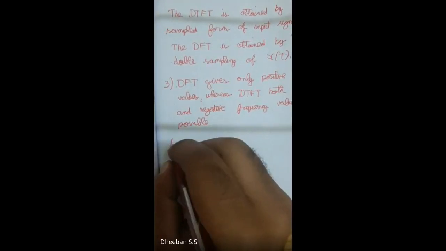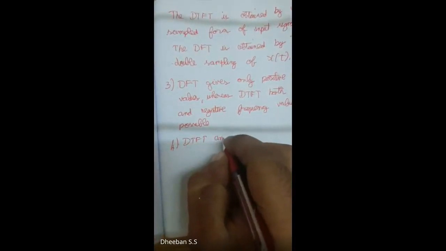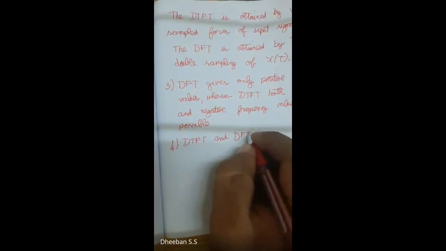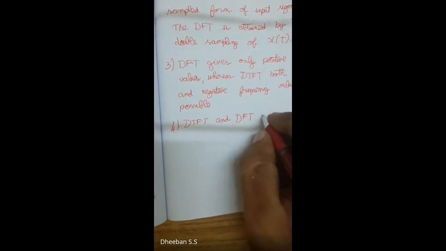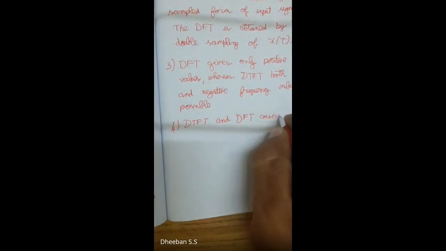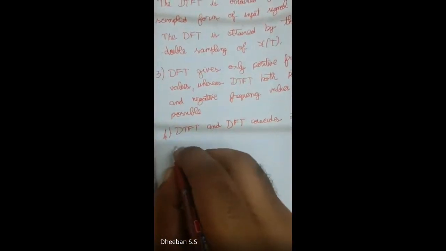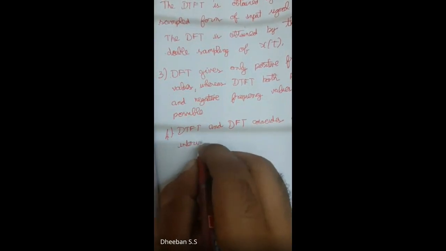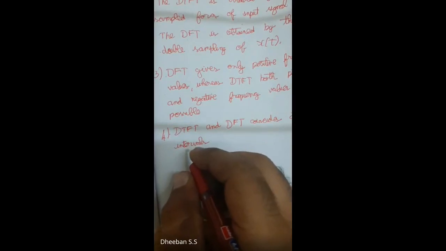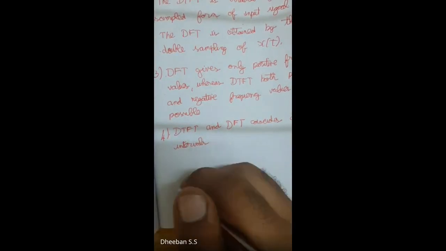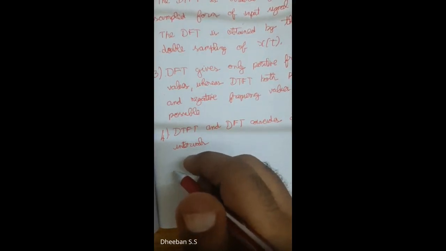The next is the fourth point. DTFT and DFT coincide at intervals, because DTFT is the entire thing and the DTFT you are sampling out. For example, take DTFT as an apple; if you cut that apple into pieces, you get the DFT.